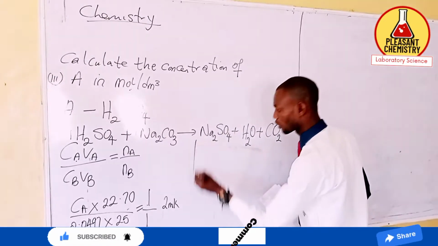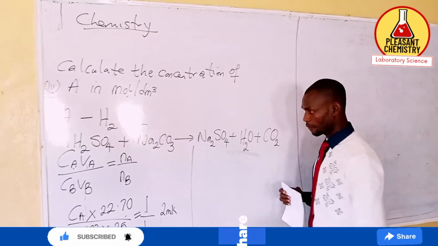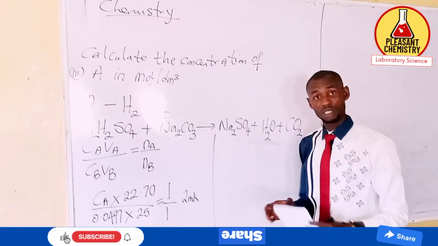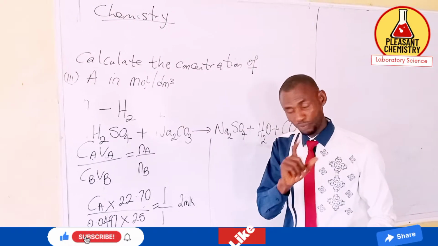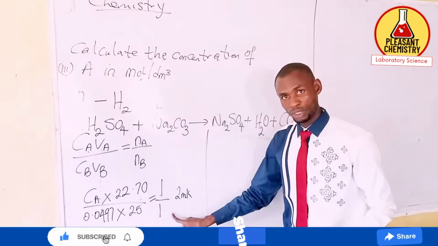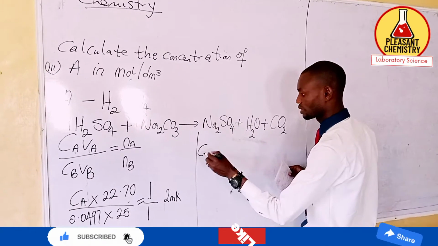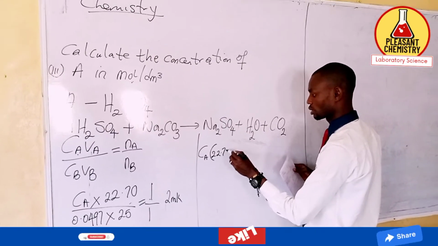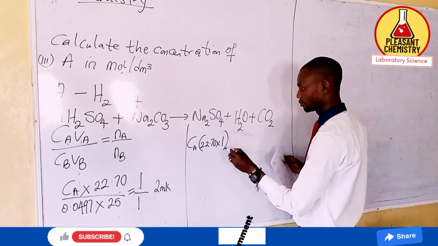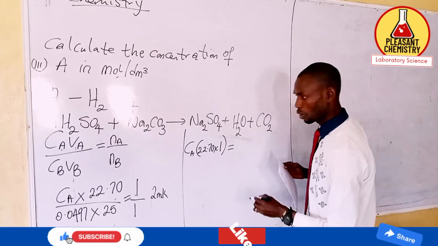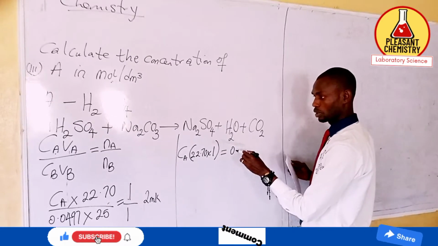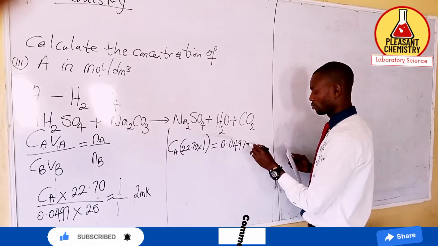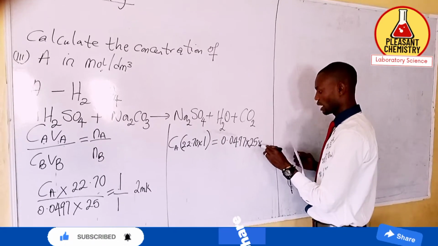So from there, we are going to make Ca the subject of the formula. If you are making Ca the subject of the formula, you are going to cross multiply. So here we are going to cross multiply to have Ca into bracket 22.70 multiplied by 1, which is equal to 0.0497 multiplied by 25 times 1.